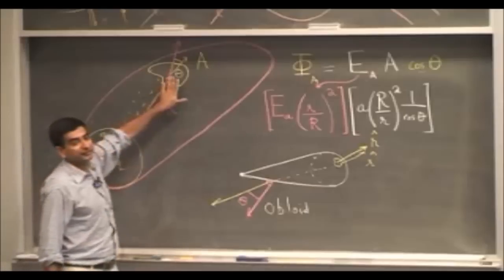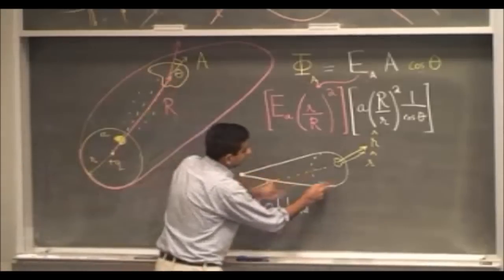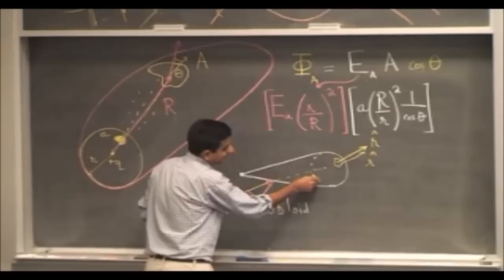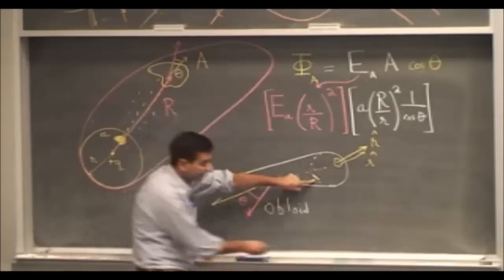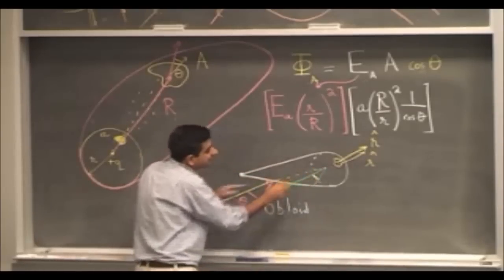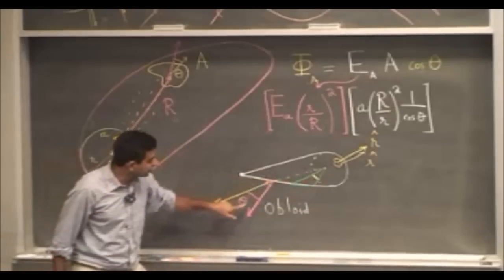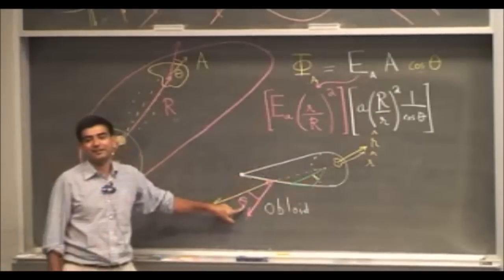But this is no longer a sphere. In other words, if I take a small patch on this point and I extend this point, this area is much larger than this area. And how large? It's larger by a factor of 1 over cosine theta.